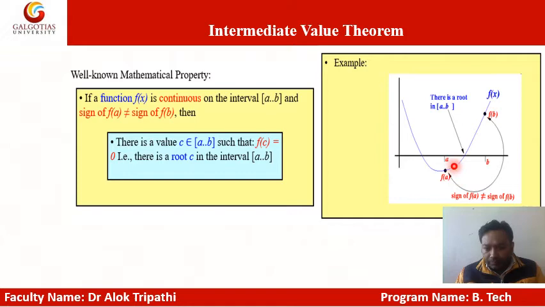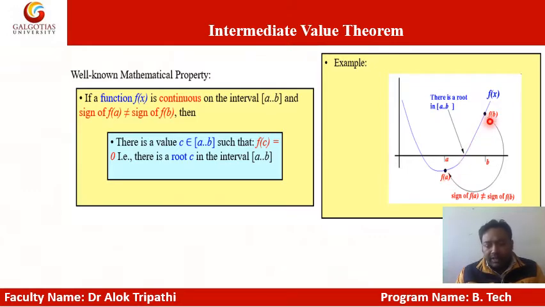Now this is our interval a to b, this is our closed interval. At the point a you can see f(a) is lying under the x-axis, therefore the sign of f(a) will be negative. And at the end point b, the value of the function f(b) is lying above the x-axis, therefore it becomes positive. So f(a) and f(b) both are of opposite signs.